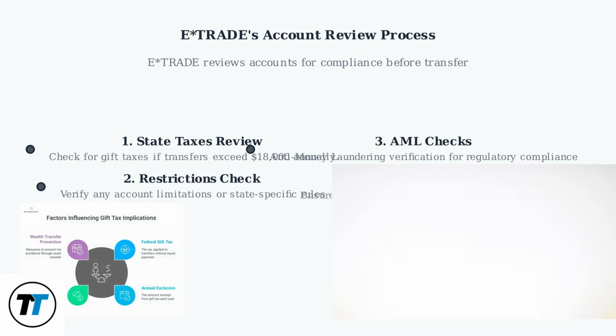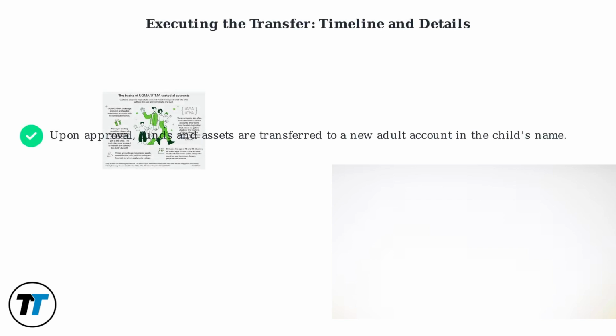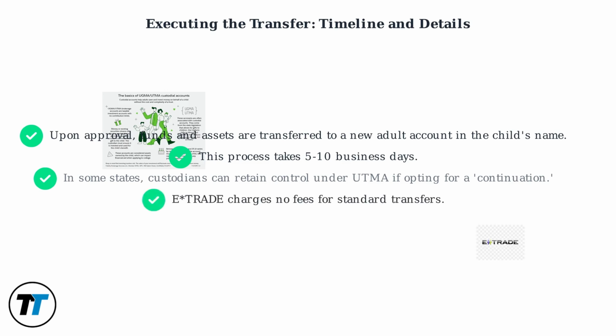Finally, the review confirms that all applicable regulations are met before the transfer can proceed. Upon approval, funds and assets are transferred to a new adult account in the child's name. This process takes 5 to 10 business days. In some states, custodians can retain control under UTMA if opting for a continuation. E-Trade charges no fees for standard transfers.